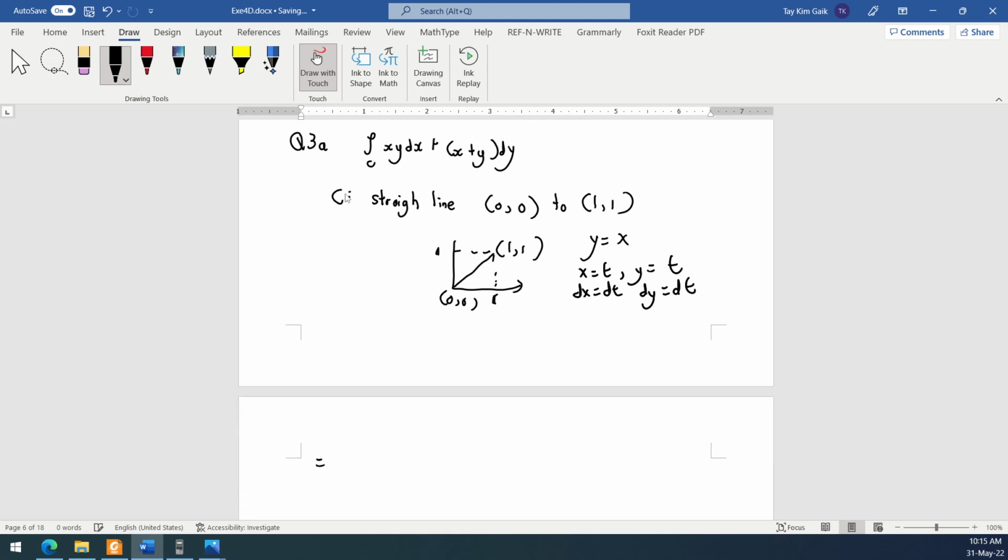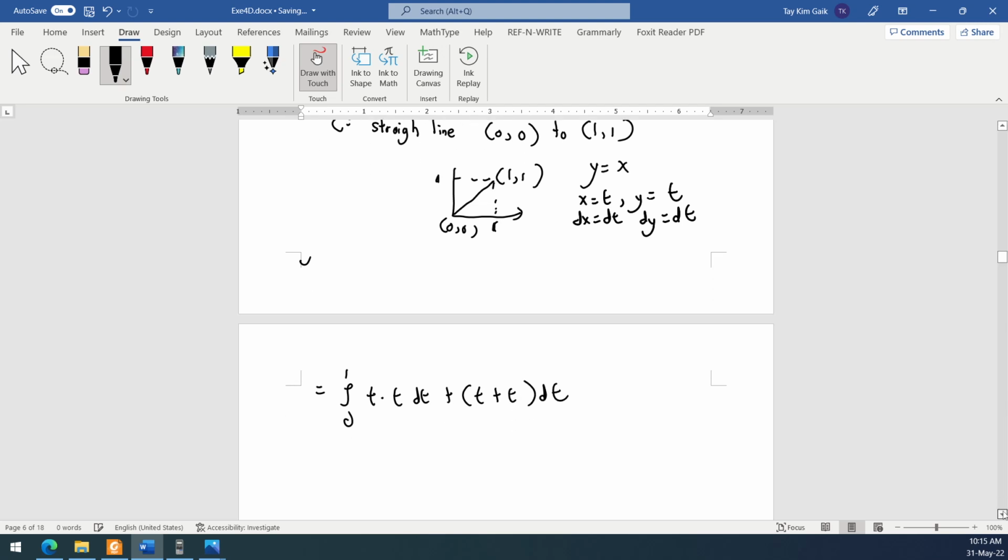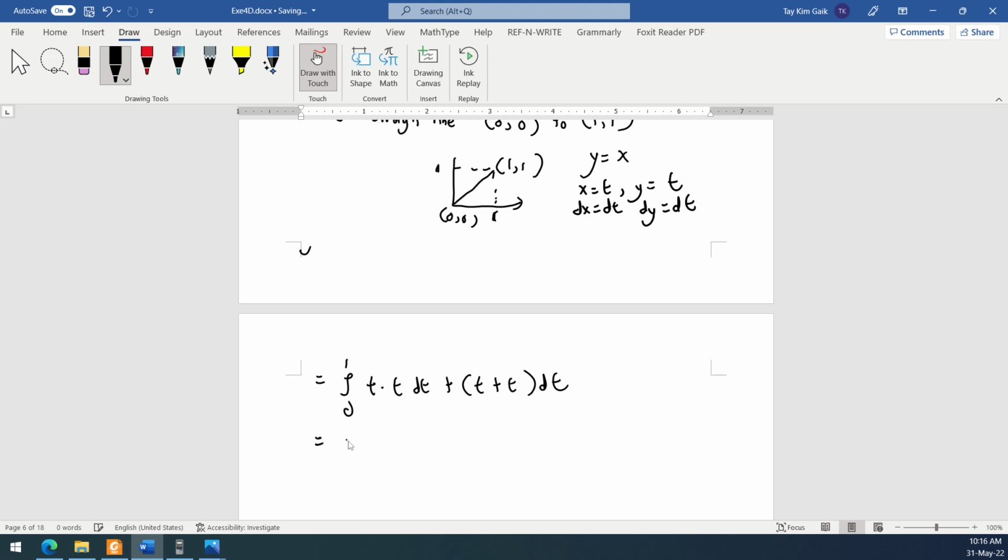x moves from 0 to 1, so t moves from 0 to 1. X is t, y is t, dx is dt, and dy is dt. Simplify and then use the calculator to integrate it. You get t squared, factor out dt, t plus t, so you get 2t dt.